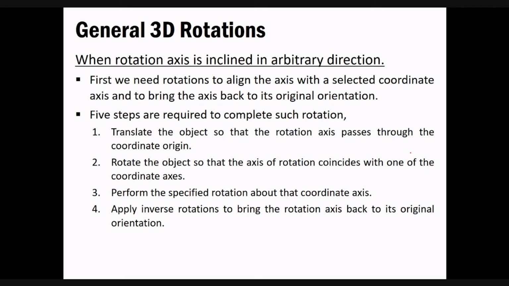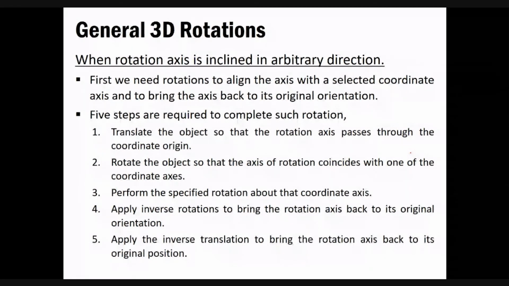And once you have done this, you have to take it back to its original position, from whatever random XYZ position you have taken it. So apply the translation operation without affecting the rotation that you have performed, and by applying this you can put it back to its original position.